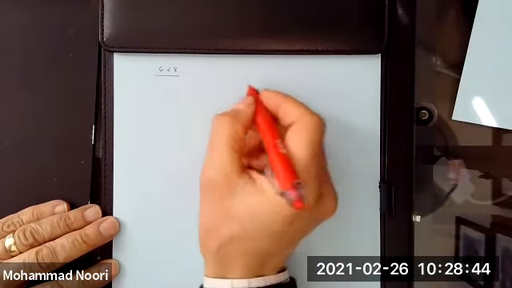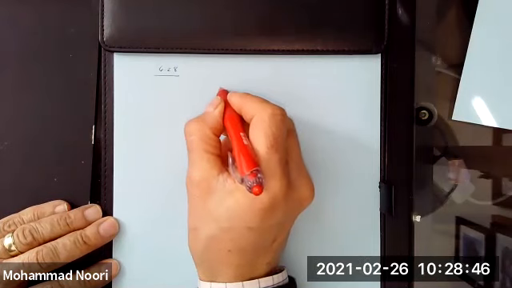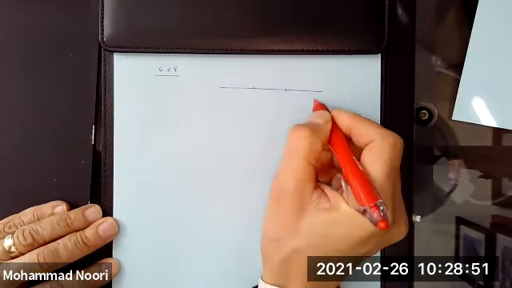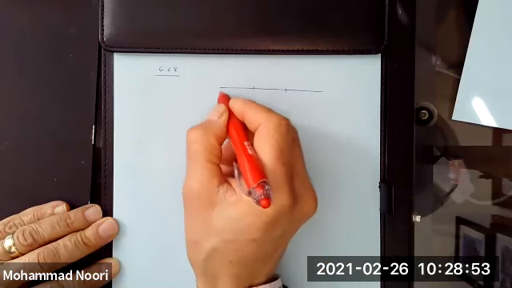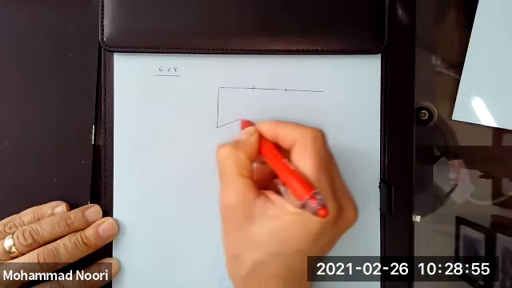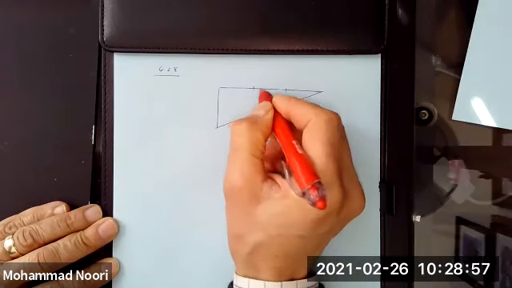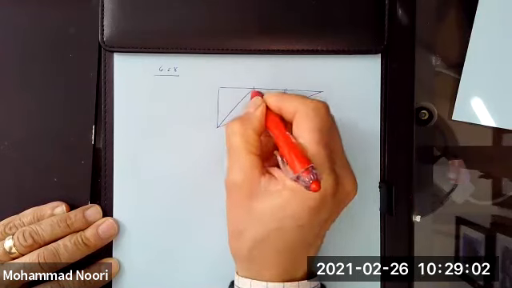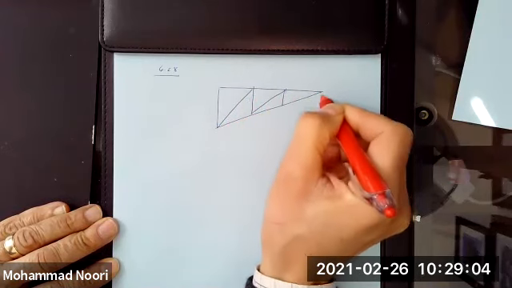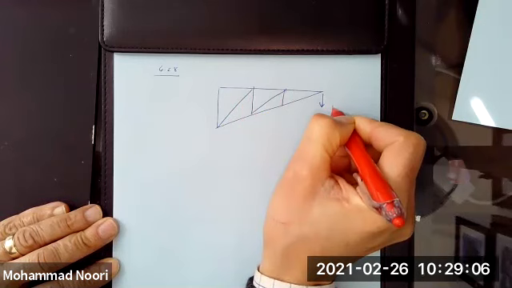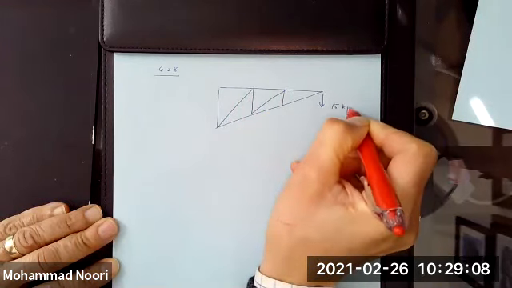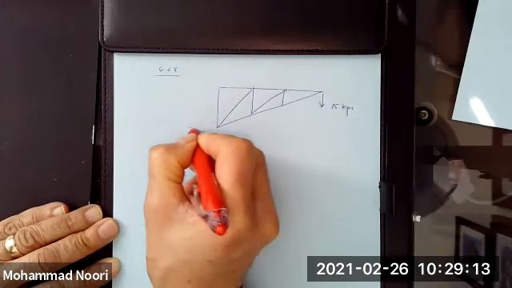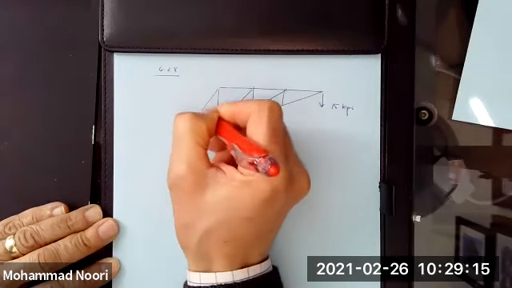So you have a truss that looks like this. Let me draw that first. This is 15 kips, and you probably don't remember, but kips means 1,000 pounds.